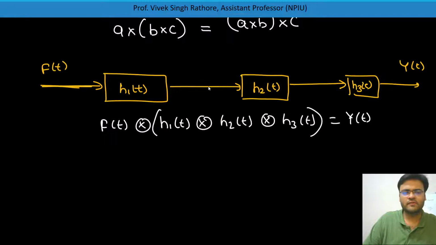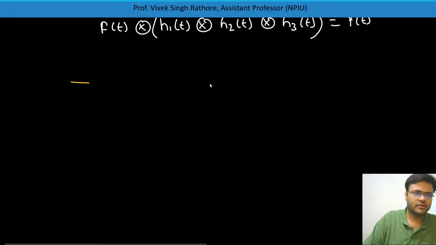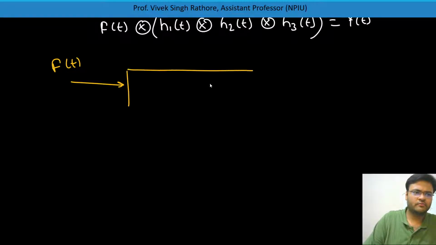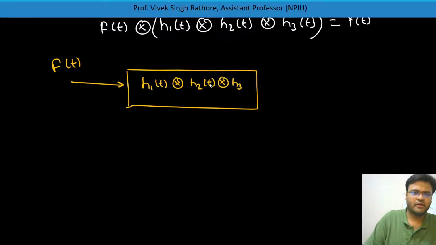It can be associated with someone else also. Since this is actually a convolution, we can give input f(t) and take h1(t) convolution with h2(t) convolution with h3(t) as a single block and pass the input through it.